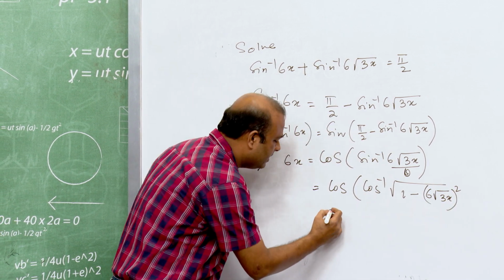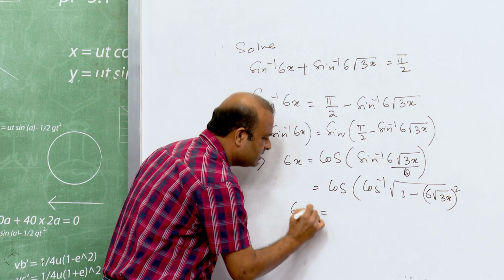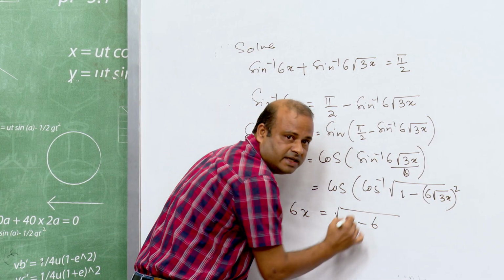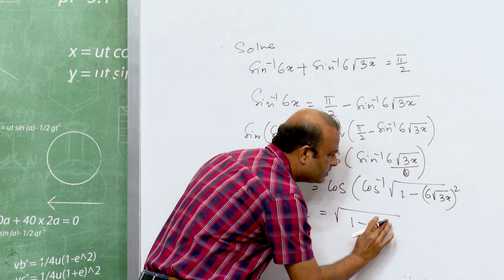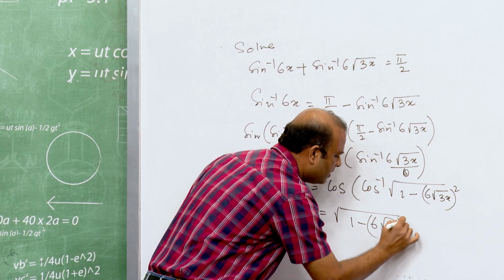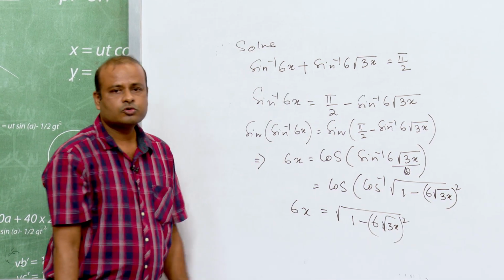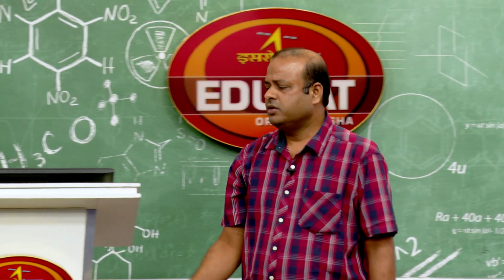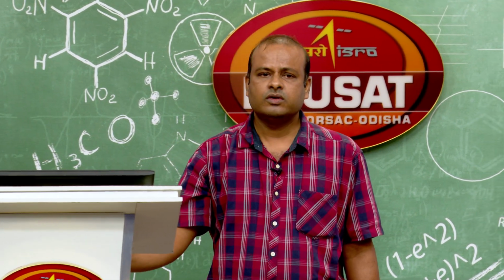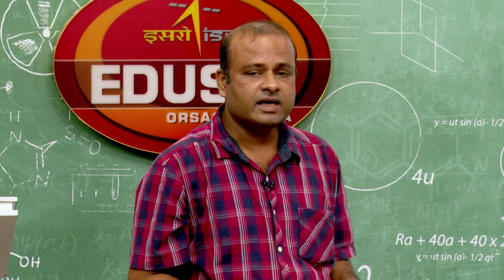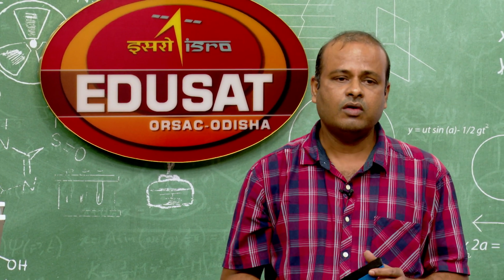So finally 6x is equal to root over 1 minus (6 into root over 3x) whole square. Now squaring both sides, you can solve the equation like simple algebraic equations and find the value of x.